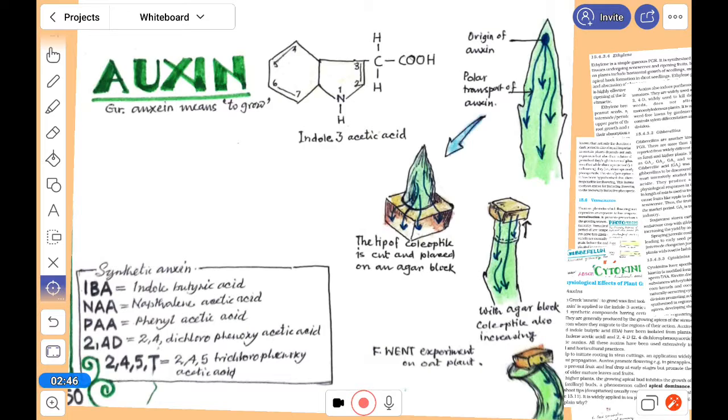Now, where does it originate? Auxin originates at the tip of the plant. Look here, the origin of auxin. After its origin, this auxin is transported downward, which is called the polar transport of the auxin. Polar transport.